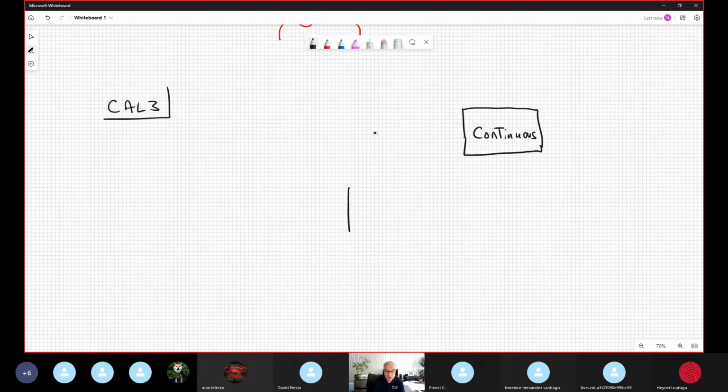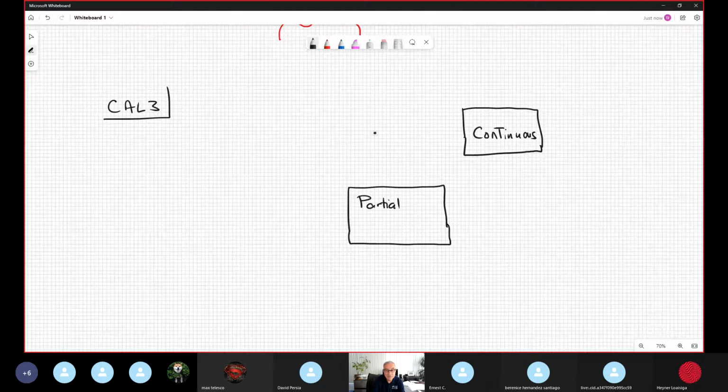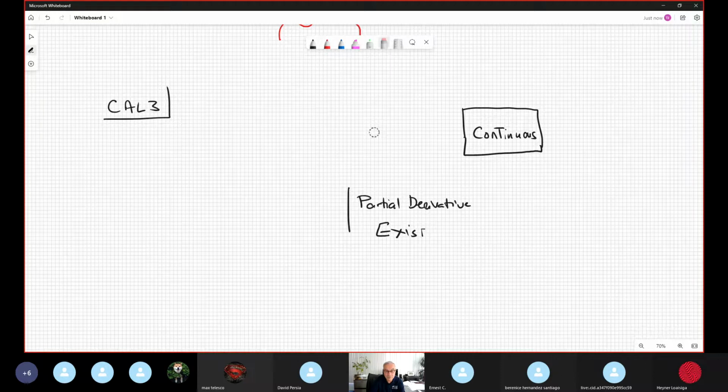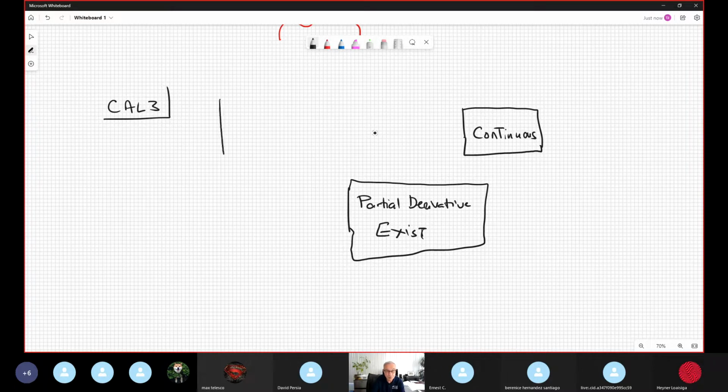We have the set of functions whose partial derivatives exist. And we have a concept I want to discuss with you now: differentiability. Those are differentiable.